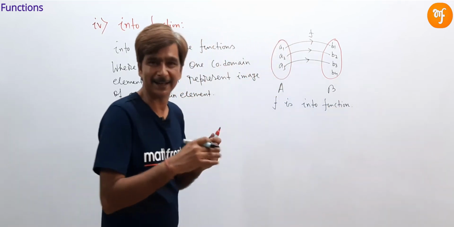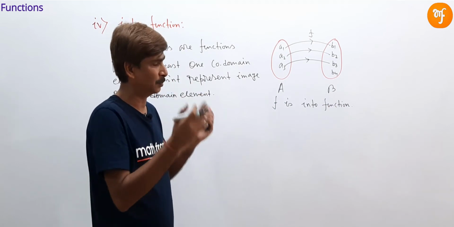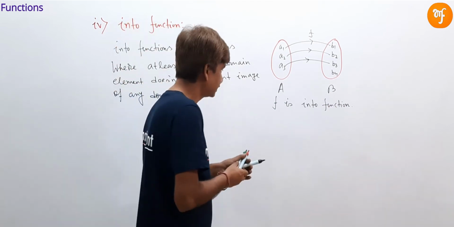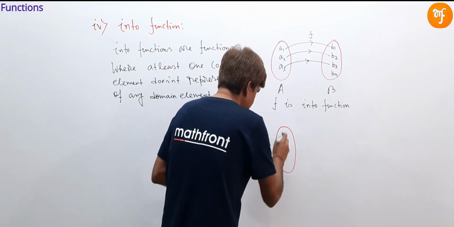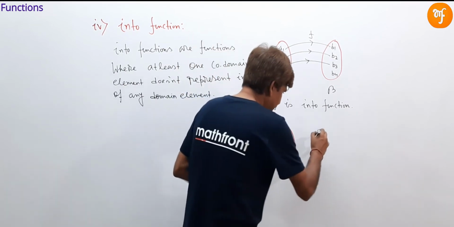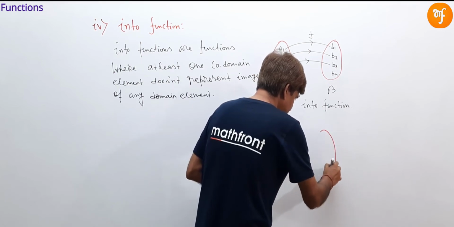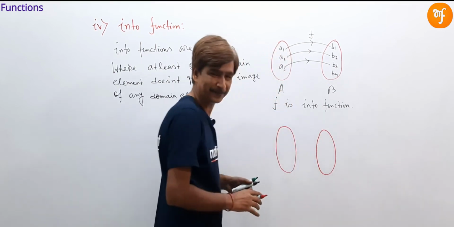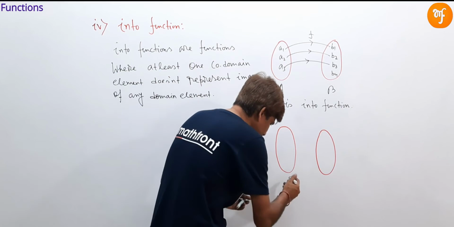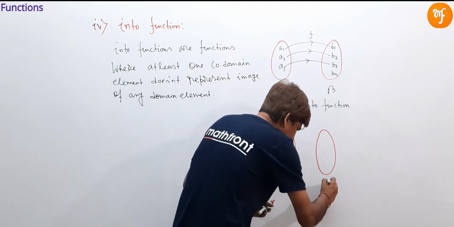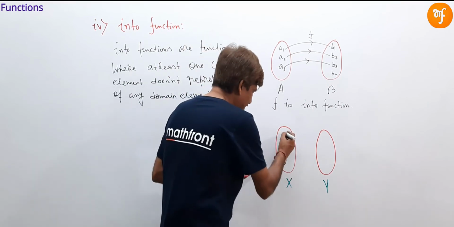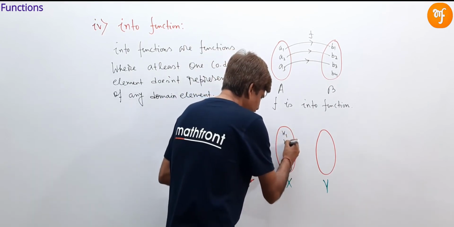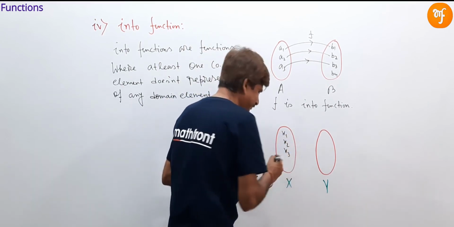Just considering another mapping diagram, then it will be more clear to you. Suppose this is one of the sets and another set is this. Okay, and the names of these sets are suppose capital X and capital Y, and the elements of set X are X1, X2, X3.